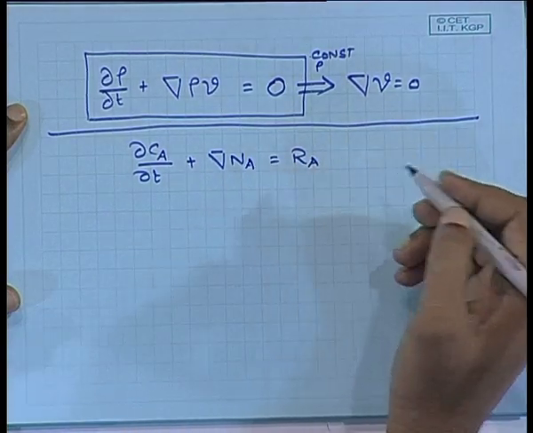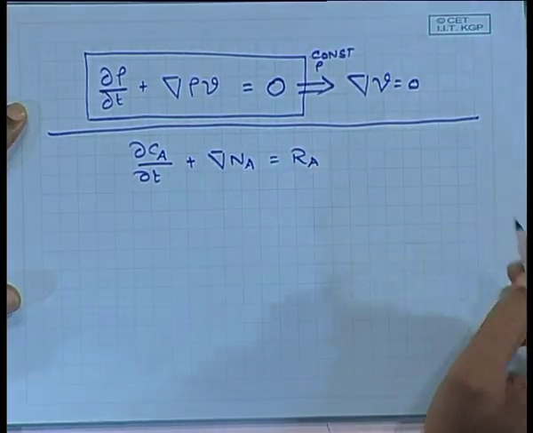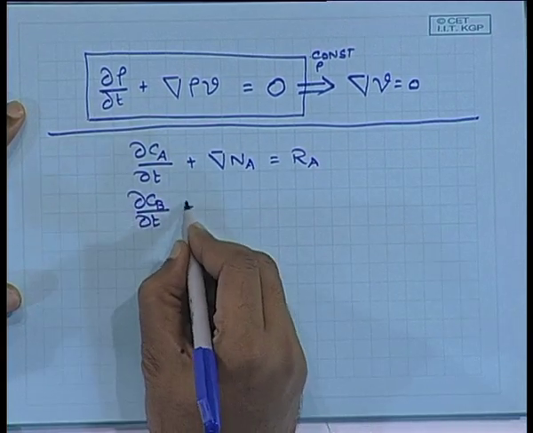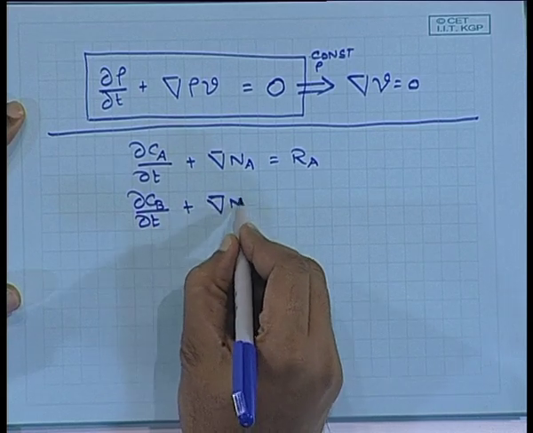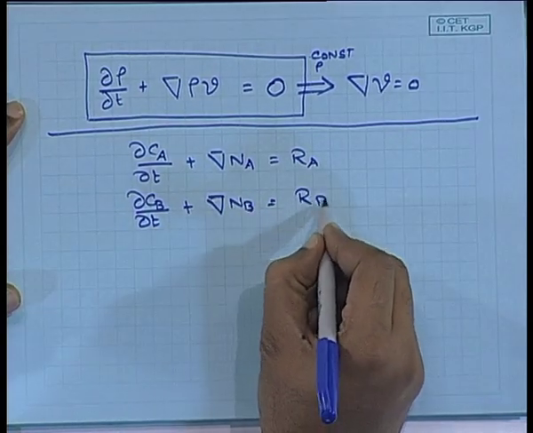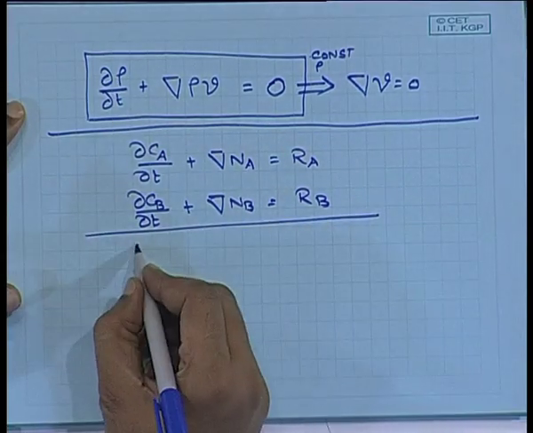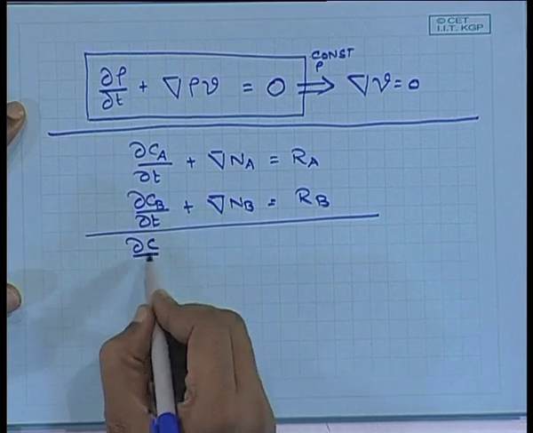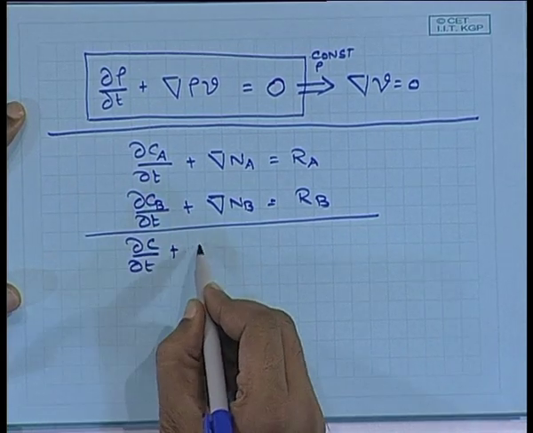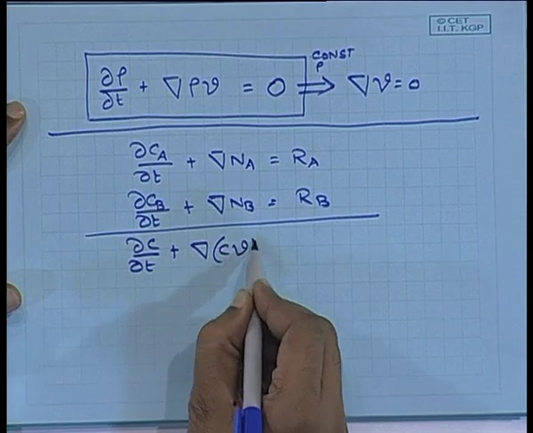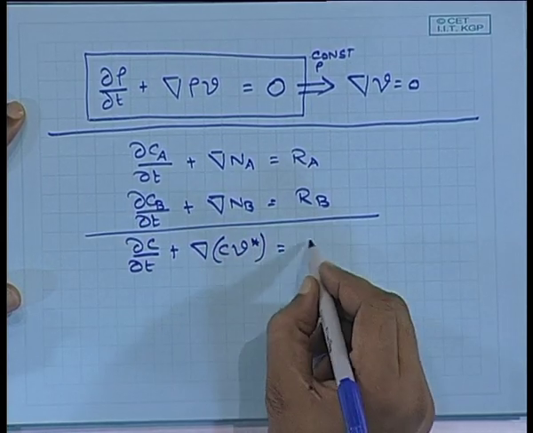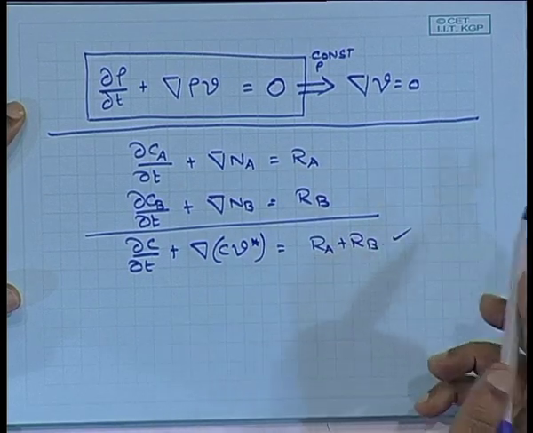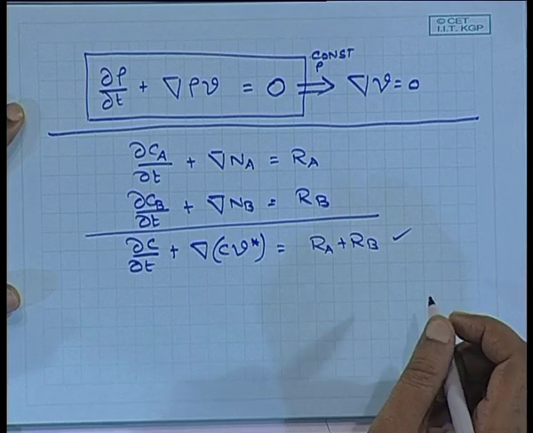So, R_A will be moles per unit volume per unit time, and I can write the molar continuity equation for species B as well. If I sum them together, realizing that C_A plus C_B is equal to C, it is simply going to be divergence of C V star, as we have seen before, equal to R_A plus R_B. Note that R_A plus R_B I may not be able to put equal to 0.